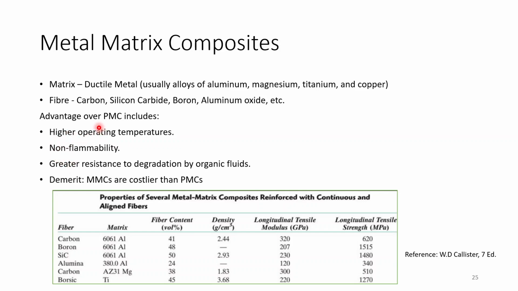As you know, polymers have low operating temperatures because they tend to soften, and also they are flammable because of organic component, and these are also more resistant to degradation by organic fluids. But one demerit they have is that these are costlier than PMCs. And these are various properties of MMCs reinforced with continuous and aligned fibers.